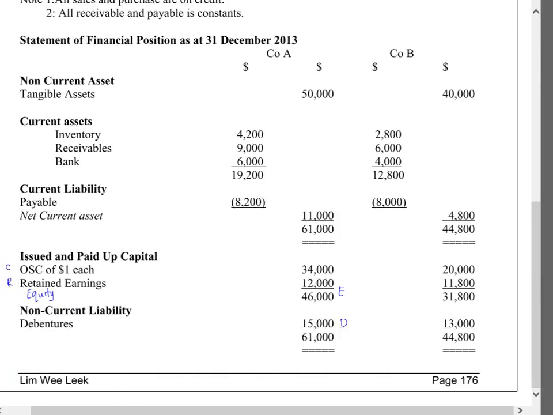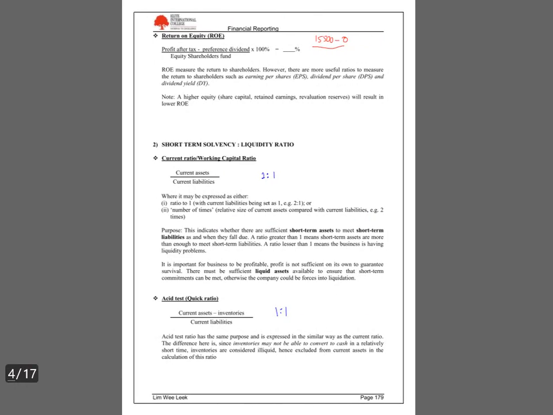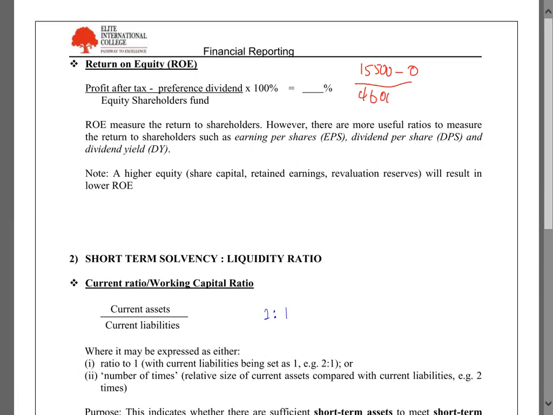So when the shareholder puts in 46, their profit will be 15. All this belongs to the equity shareholder. How many percent is their return? 33.7%. This is the shareholders' return.